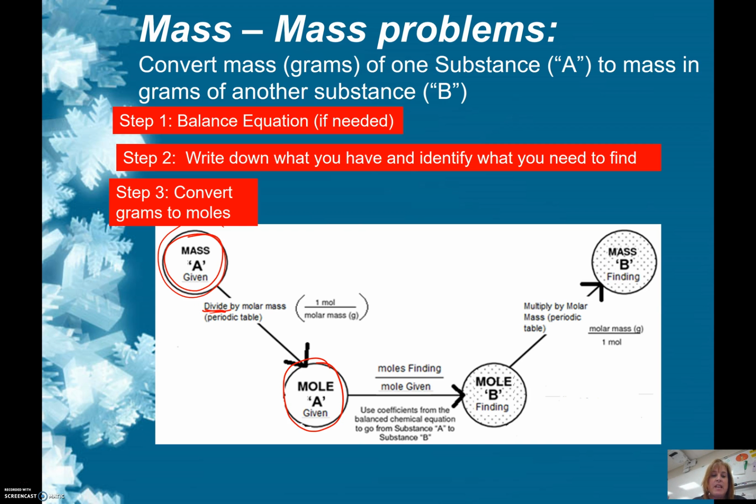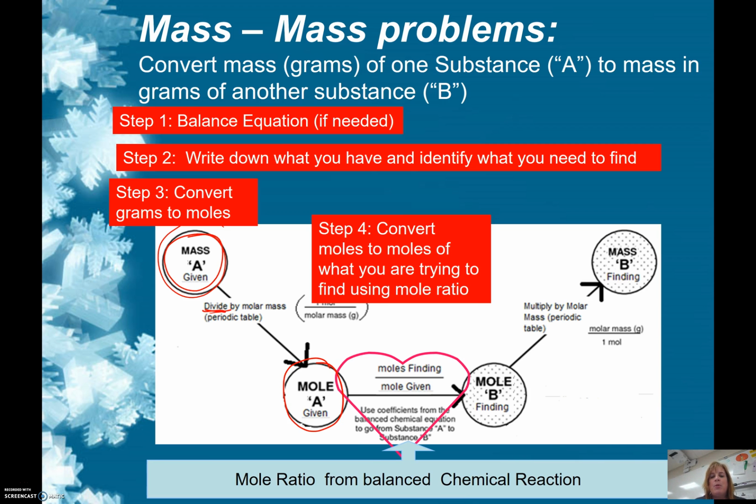So we have to go to the periodic table, look up all the elements, add them all together, and then divide. Once we get moles of that, we go to multiplying by our mole ratio. And in our mole ratio, that comes from a balanced chemical reaction equation. And the number on top is the number in front of that chemical formula of what we're trying to find.